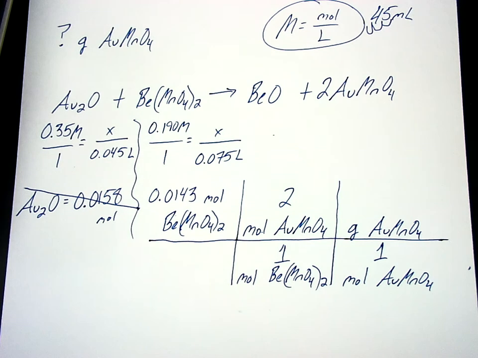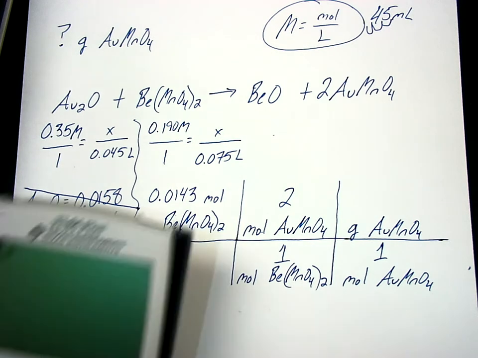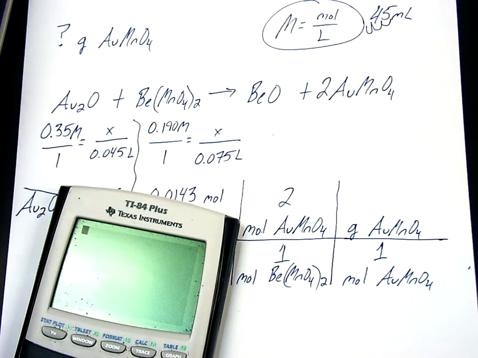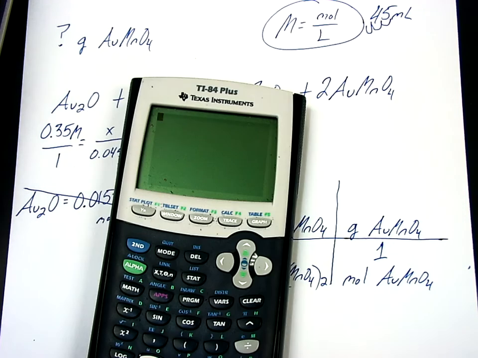Therefore, we need the molar mass of the gold 1 permanganate. So we can easily add that up by saying, well, gold is 196.97. Permanganate is 54.94. And then there's 4 oxygens, so plus 16 times 4.